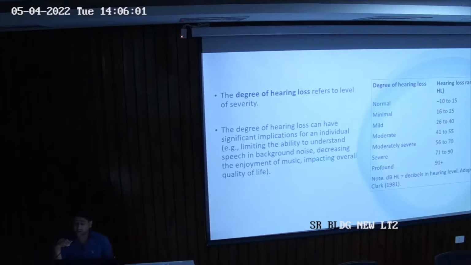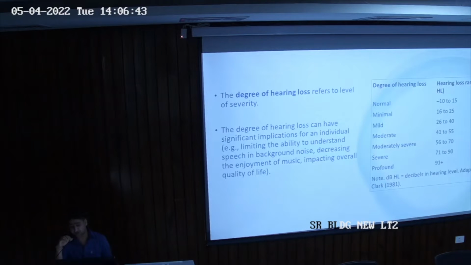Till 15 decibel loss, we'll say that the person has normal hearing. It is considered to be absolutely normal. As we go down, minimal is 16 to 25, mild is 26 to 40, moderate is 41 to 55, moderately severe is 56 to 70, severe is 71 to 90, profound is more than 90.